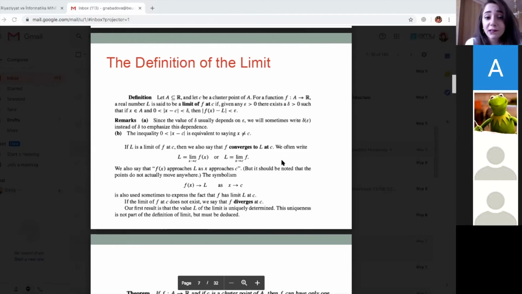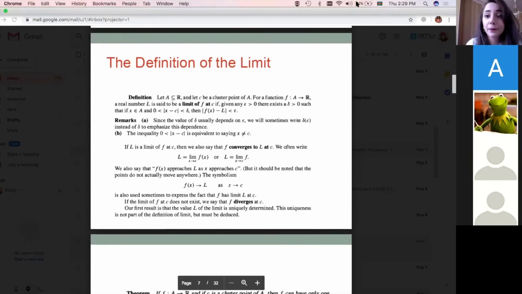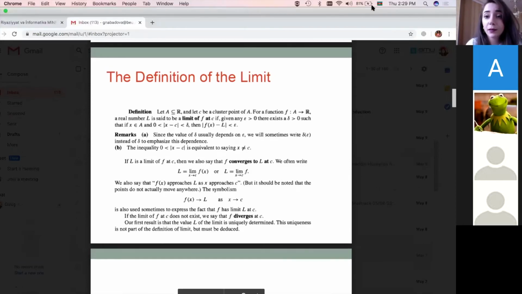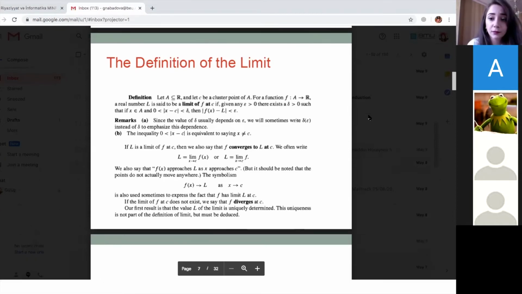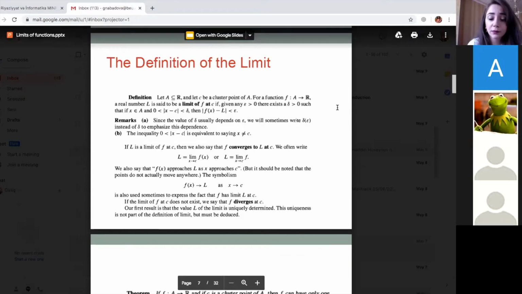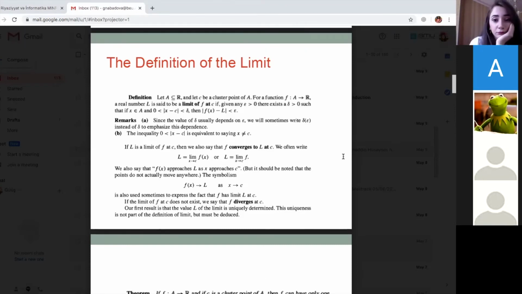Let A be from R and let c be a cluster point of A. For a function f from A to R, a real number L is said to be a limit of f at c if, given any epsilon greater than 0, there exists sigma greater than 0 such that if x is from A and 0 is less than the modulus of x minus c and less than sigma, then the modulus of f(x) minus L is less than epsilon.